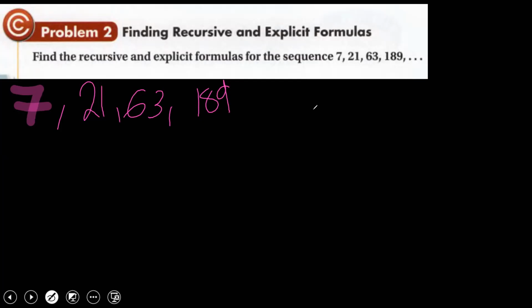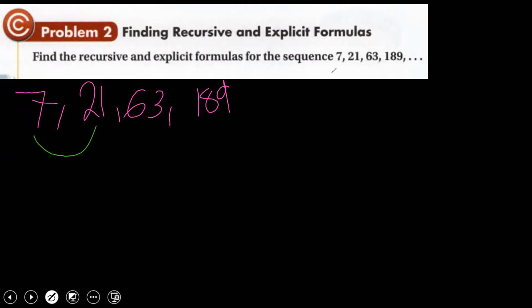Okay, now let's find the ratio. How can we find the ratio?